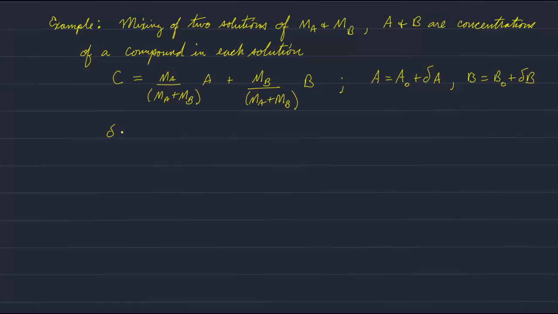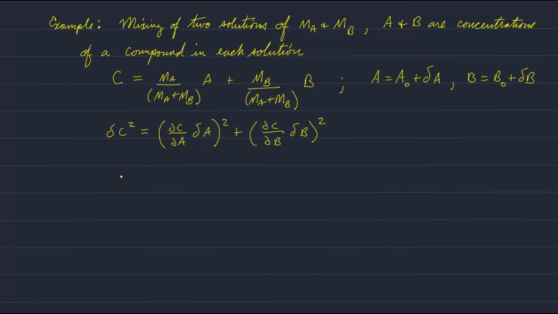Well, the uncertainty of C squared, again, is equal to the partial derivative of C with respect to the first variable, A, times the uncertainty of A, and that's squared, plus the partial derivative of C with respect to B, times the uncertainty of B, and that whole thing is squared.